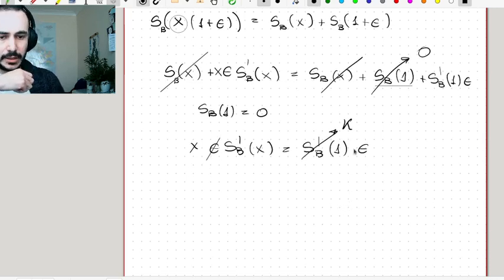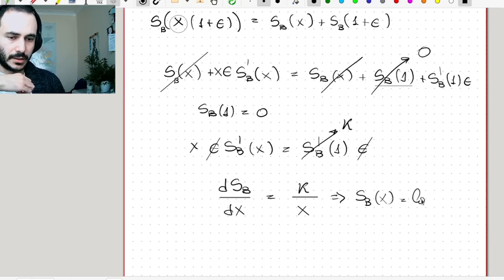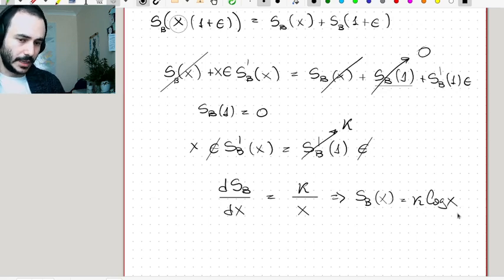So epsilon, of course, goes away, and what I'm left with is that the derivative of S, I'm just writing it out explicitly, is going to be equal to some constant divided by x, which means that S has to be a logarithm, so k times the logarithm of x, plus, if you like, some integration constant c.